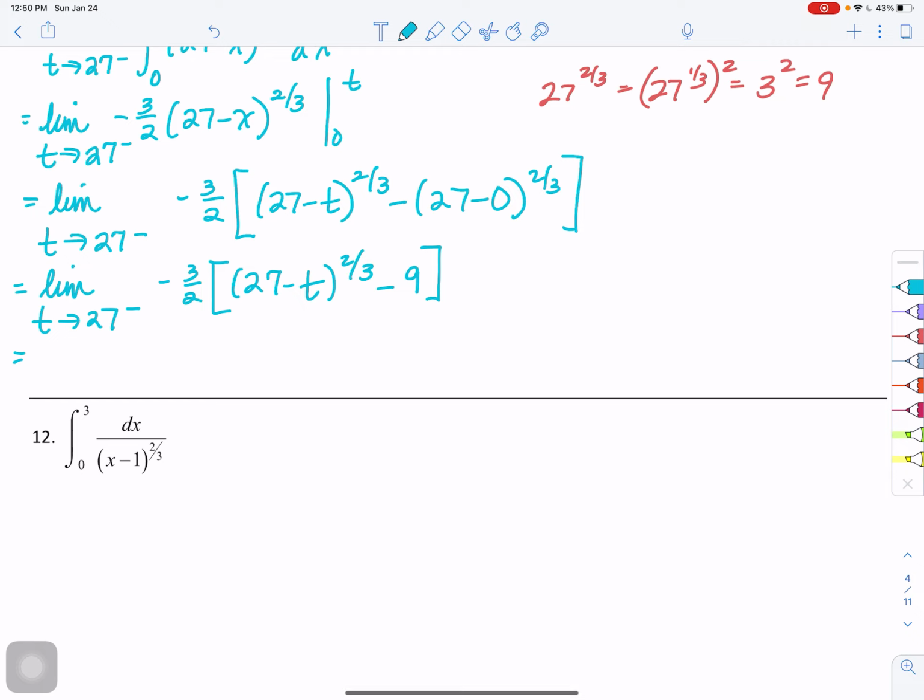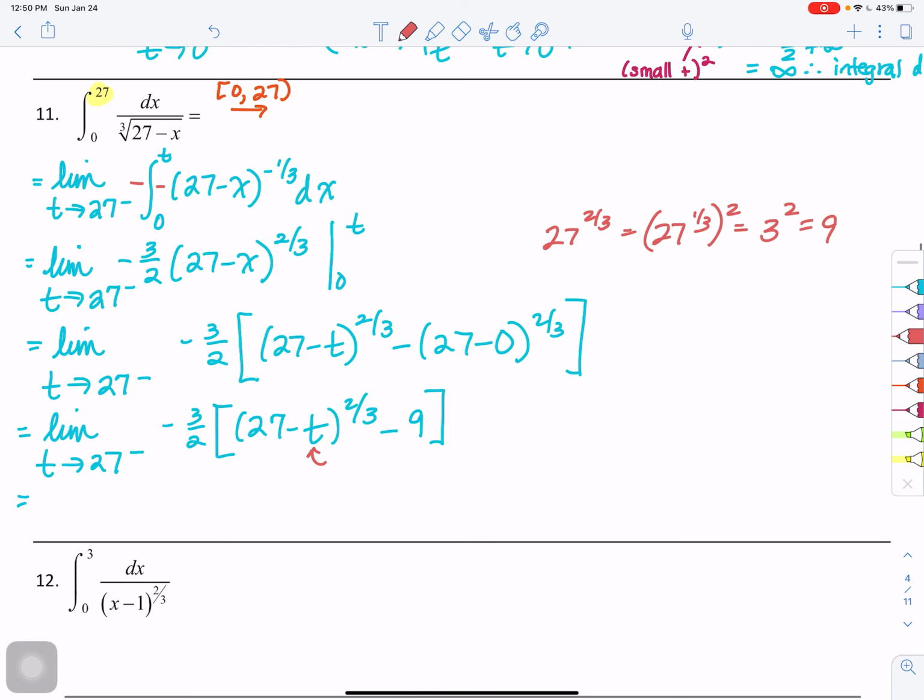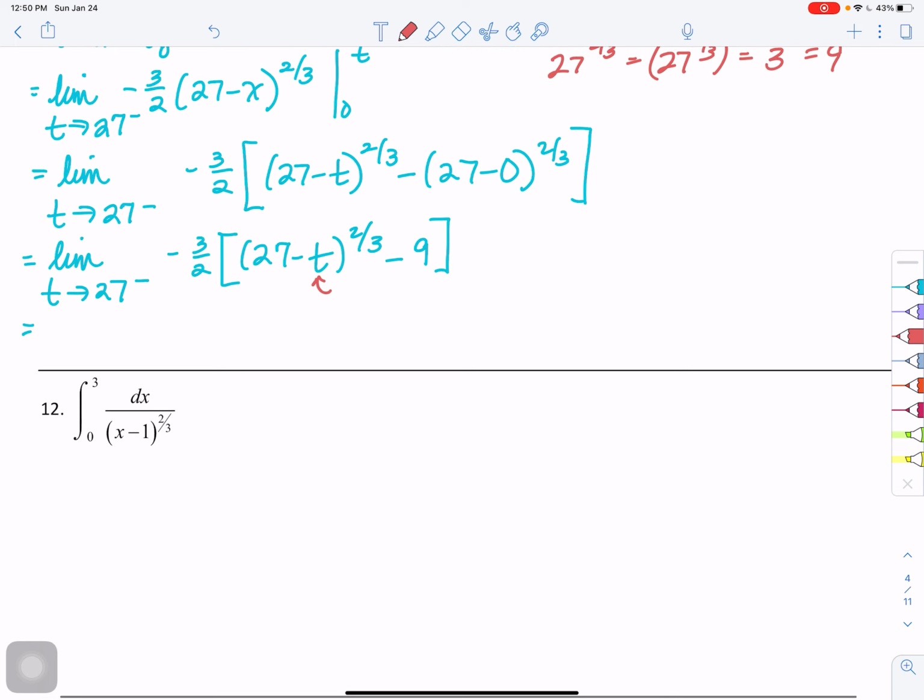So here we go. We are going to take the limit now, so we're not going to write limit, and we're going to actually put 27 coming from the left here. If you look up here, it's just a tad bit less than 27. So that's about 0. So this right here is 0 when we plug in 27.